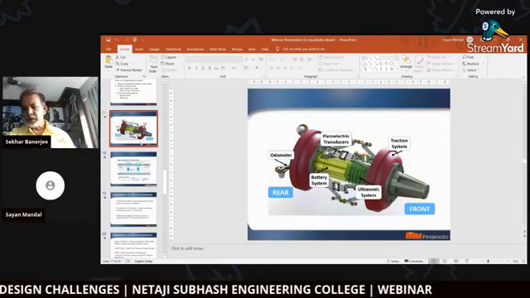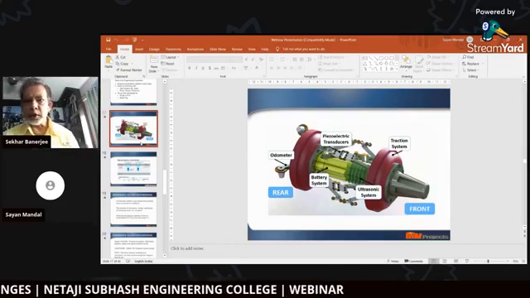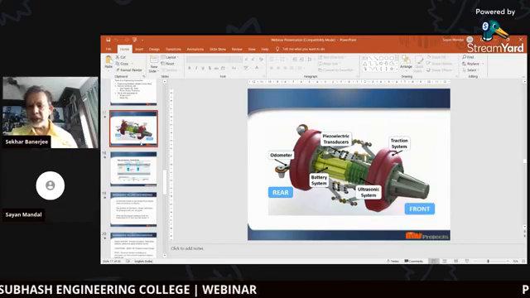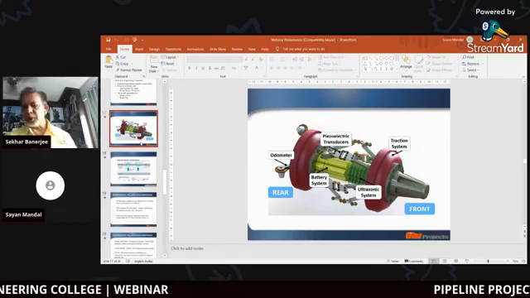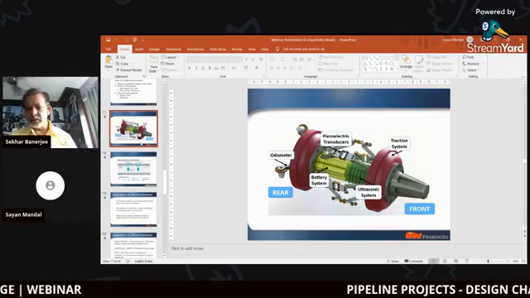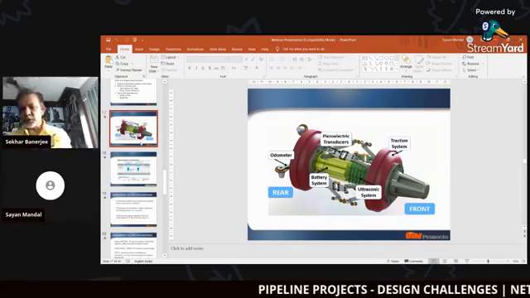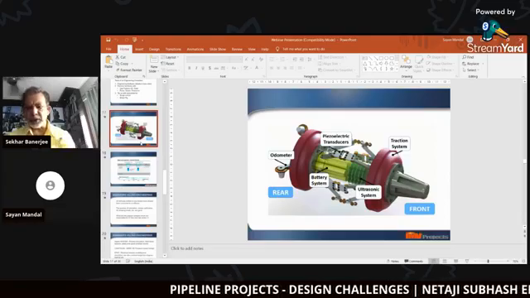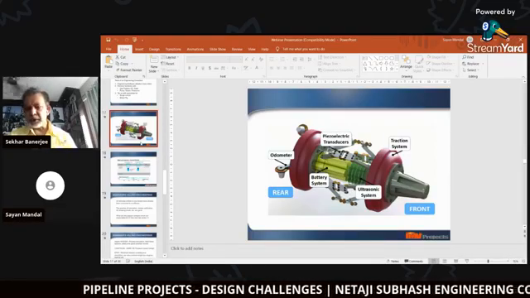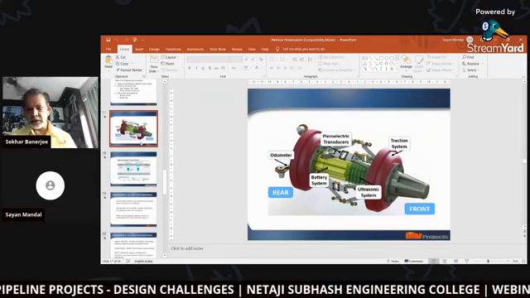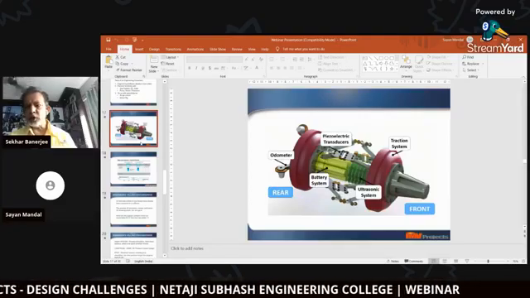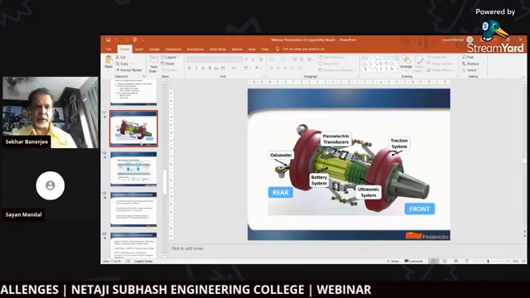On pipelines, we talked about pipeline maintenance, right? You know how pipeline maintenance is done. This is the tool which is called a smart pig. It cleans a pipeline, but not only that, it also does all the quality inspection together. How?